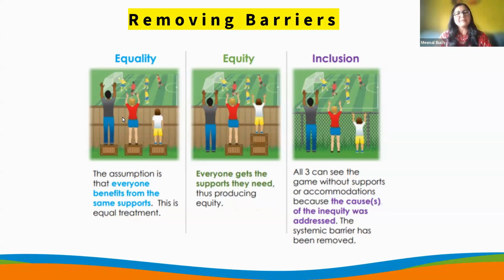Is it that maybe the image is blurred, maybe it's not clear? Is it that a student sitting right at the back is not able to hear properly? Is it always noisy outside the classroom? Can we address that first? So including everyone. Okay, so removing barriers through various ways, and ideally customizing our approach.